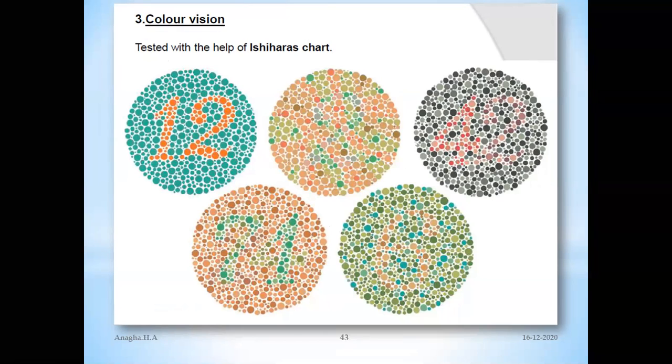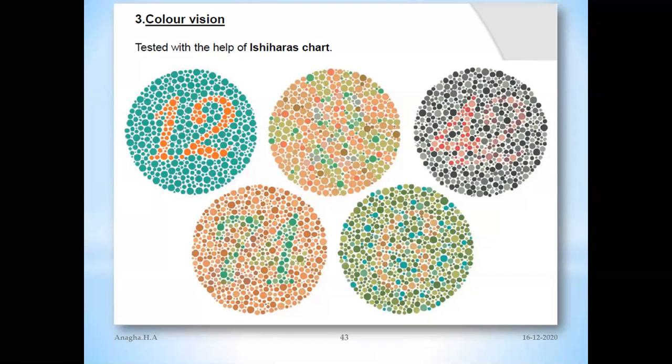For this visual field, I'll give you some examples where it can go wrong, because it involves components starting right from the retina, then the nerve, then the chiasma, tract, till the cortex. Anywhere in this channel the problem can lie and the visual field can get impaired.